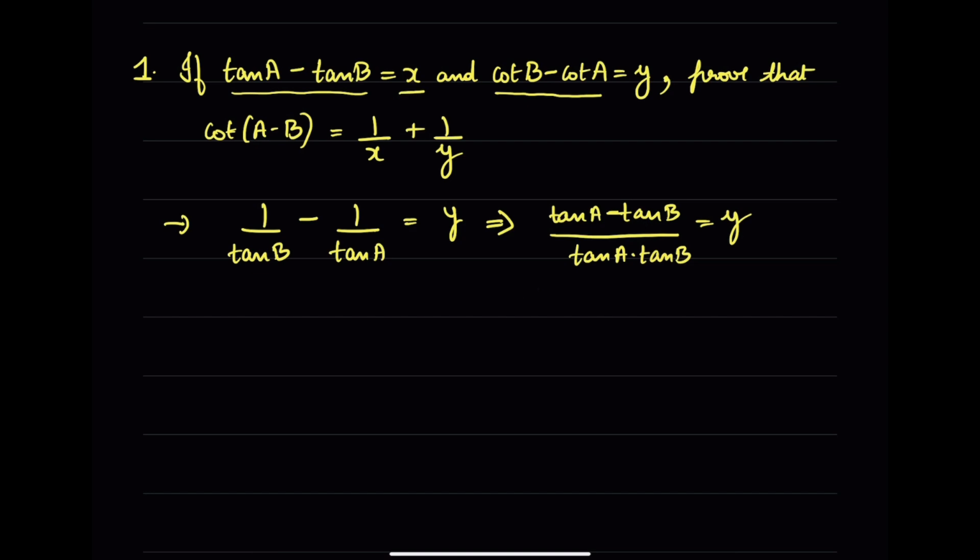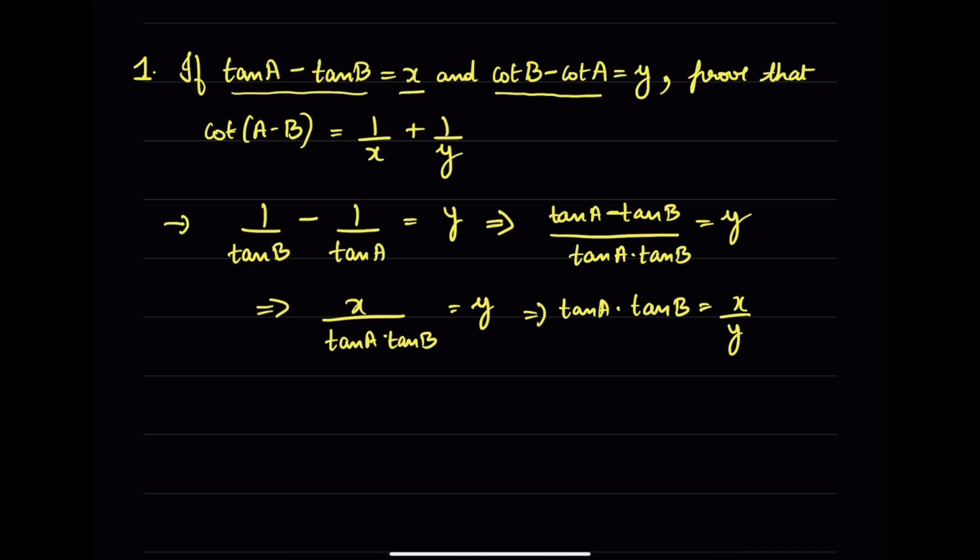So we would have this change to X divided by tan A tan B is equal to Y. So tan A tan B is equal to X divided by Y.